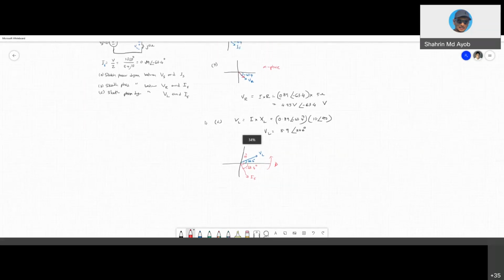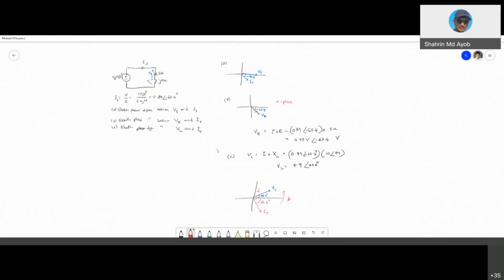Doctor, for leading and lagging, should we write I first or V first? Usually I, because in the standard, the TNB standard, power system standards, and electrical engineering standards also, when we talk about leading and lagging, automatically we say that lagging means the current is lagging.